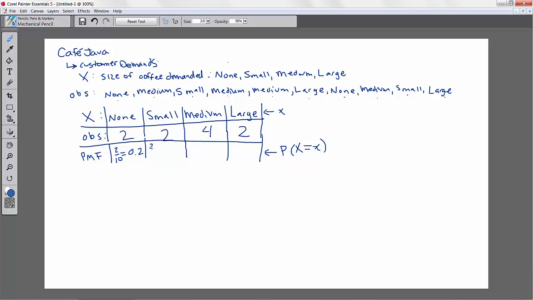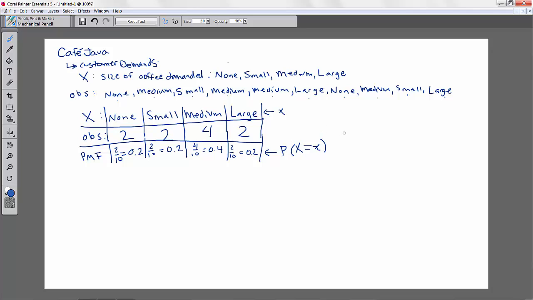Similarly, for small orders, we have 2 observations out of 10 total, giving a probability of 0.2. Medium is 4 out of 10, so that's a probability of 0.4. And large is 2 out of 10, which is a probability of 0.2.